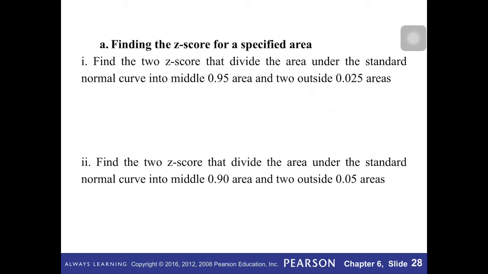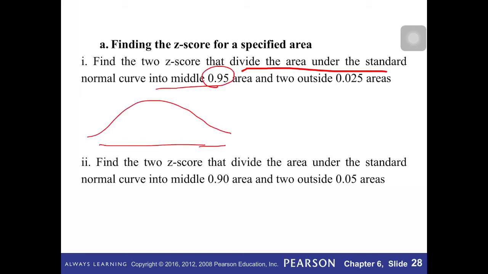Find the z-score for a specified area. Find the two z-scores that divide the area under the standard normal curve into a middle 0.95. So the middle should be 0.95 area, and the two outsides are 0.025 each, on the left-hand side and the right-hand side.